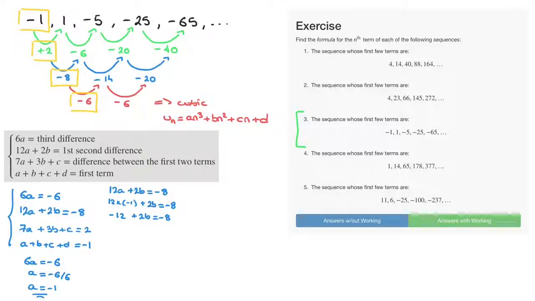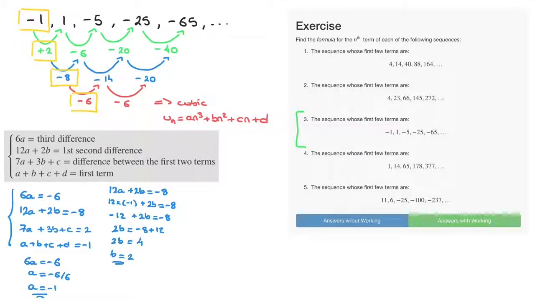And now adding 12 to each side, this turns into 2b equals negative 8 plus 12, which is 4. And now dividing both sides by 2, we find b equals 2.